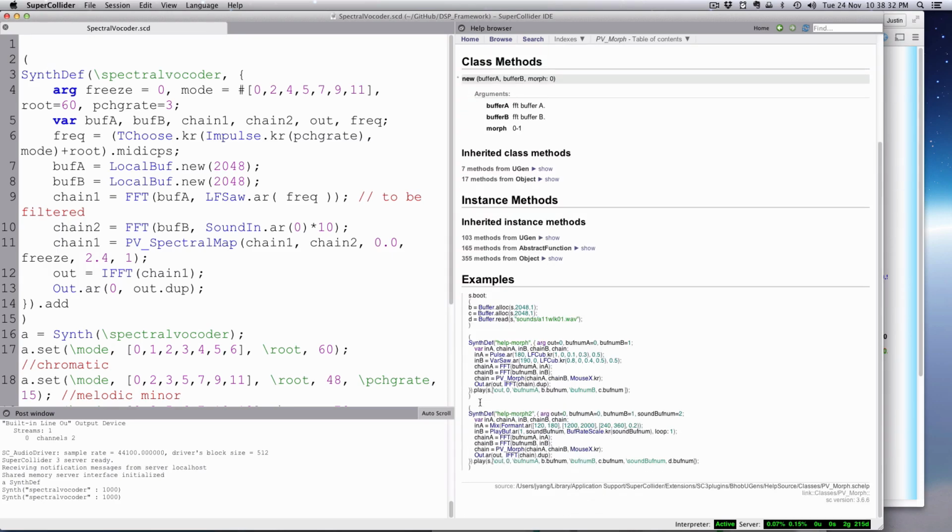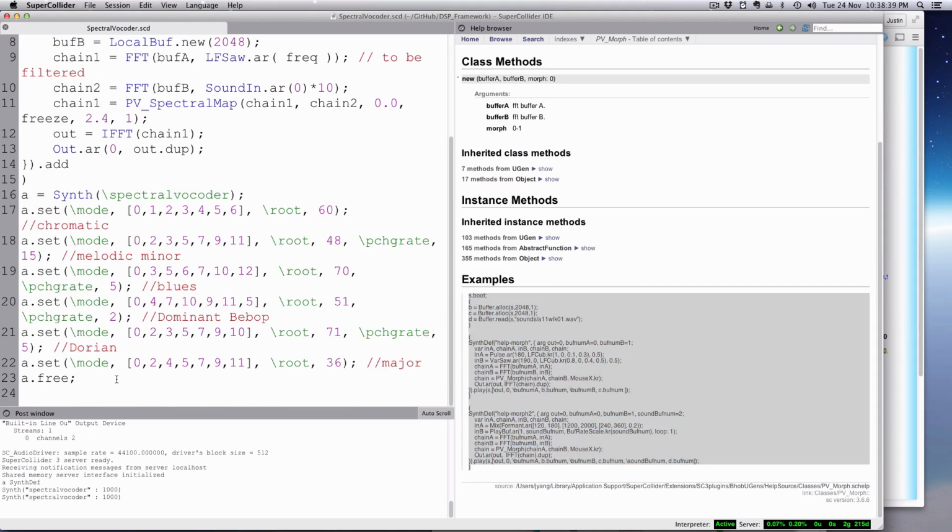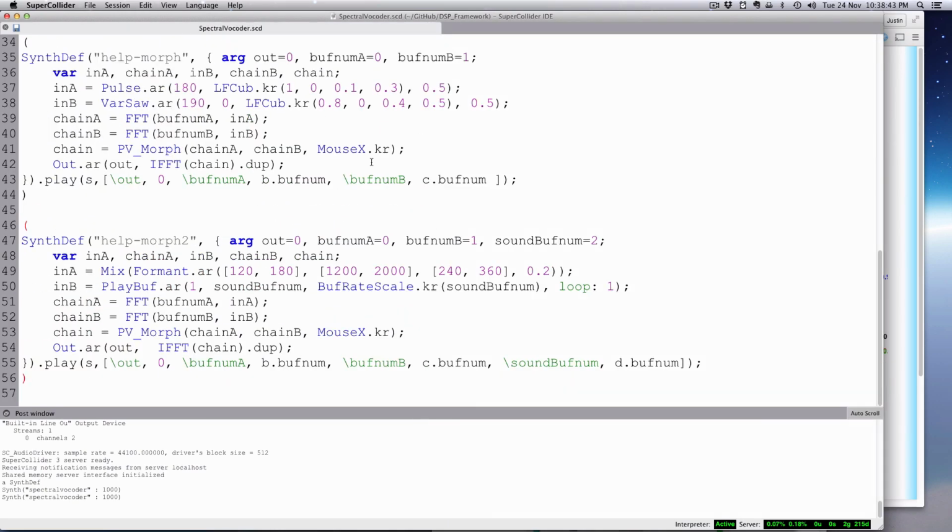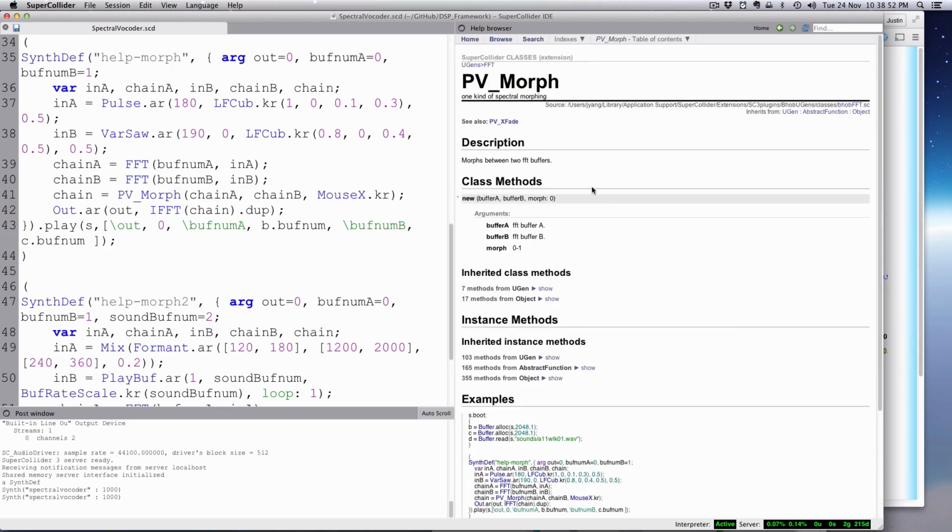If we look at it, I'll just grab all this over so we can look at it slightly bigger. Look at these examples. It's the same sort of format. We do an FFT on them, we do some kind of morph, which it doesn't explain what it is. Spectral morphing.